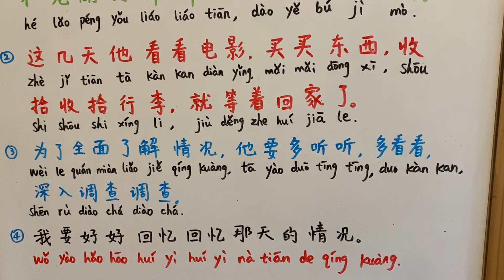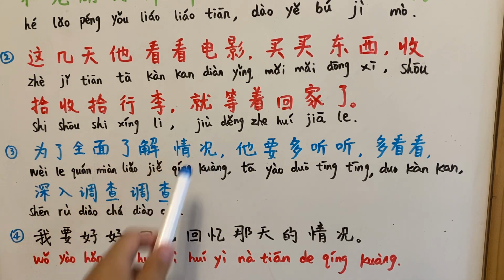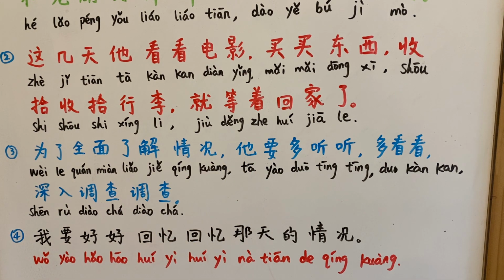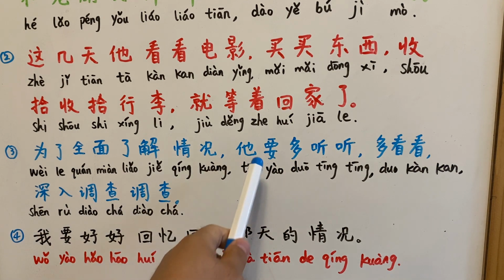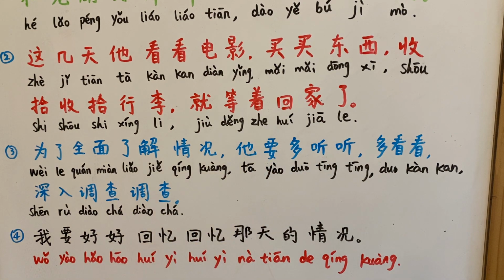For understanding the situation generally, 为了全面了解情况, 他, he, this is the main clause, the main part, right? 他要多听听, 他要, he will. 要 means will or wants to. 他要多听听, right?